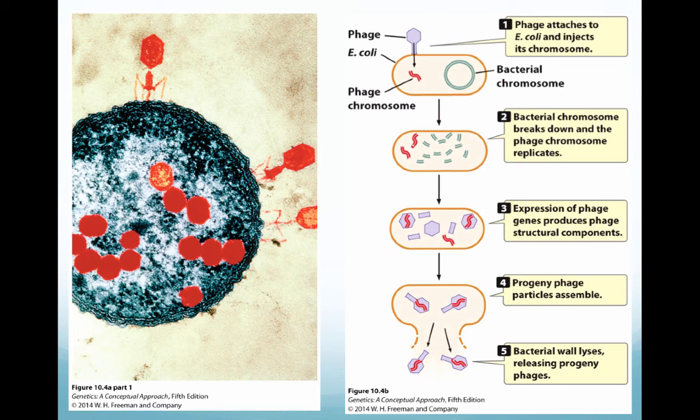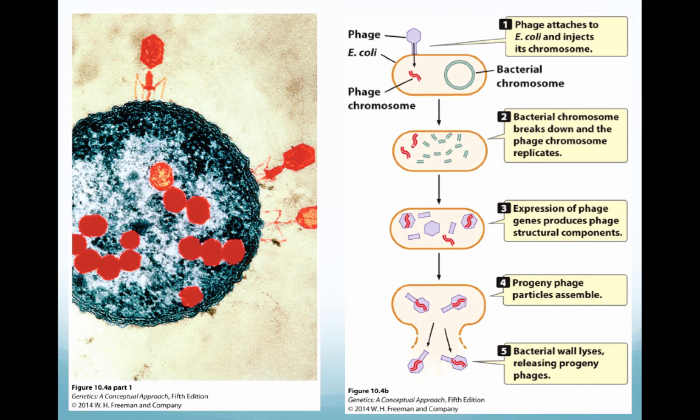And in the second batch that they grew up, they labeled that with a different marker called 35S. And then they infected the bacteria with a T2 phage so that all the protein phages would have proteins labeled with the 35S.